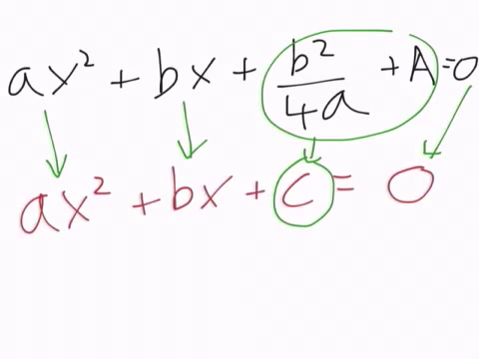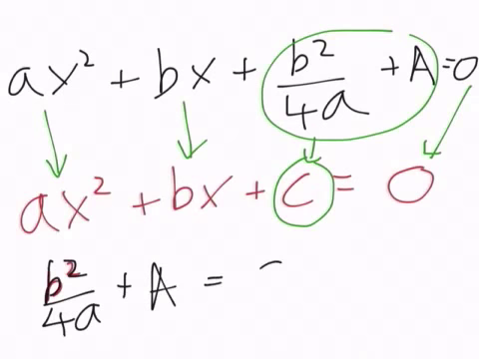We need to define A such that, let's do it in black, don't want to confuse anyone, including myself, b squared over 4a plus big A equals c. That's what I want, rather.